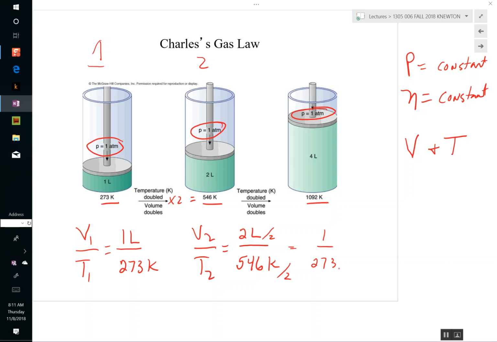And then if we went over here, he has doubled that temperature. 546 times 2 is 1,092, so it's really 4 times this original temperature. So we've got 4 liters over a number that's 4 times the original temperature. So this one is also going to come back down to that same ratio, 1 over 273.